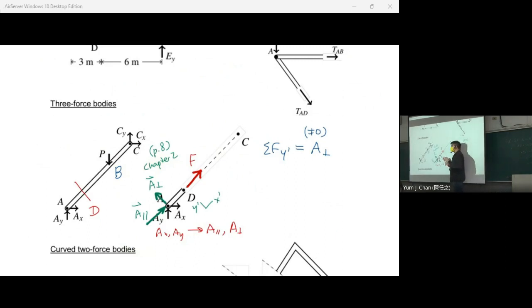And problem 2, summation M equal to 0. What is summation M here? Let's say we have point D here. Let's say we take a look at point D. And this length is equal to L. So MD is equal to minus L times A perpendicular, which is also non-zero.